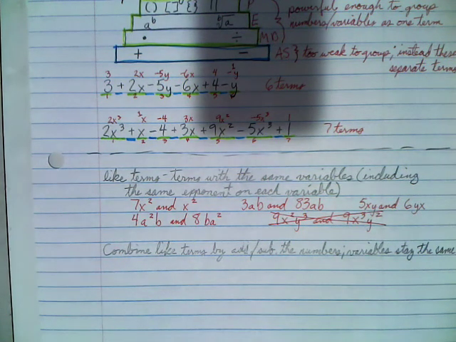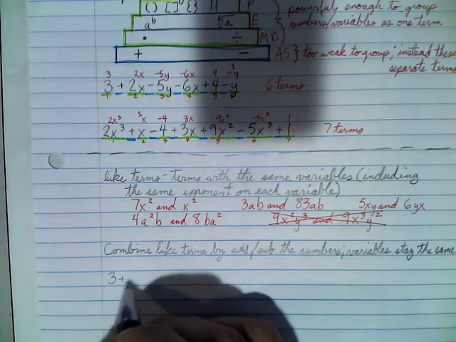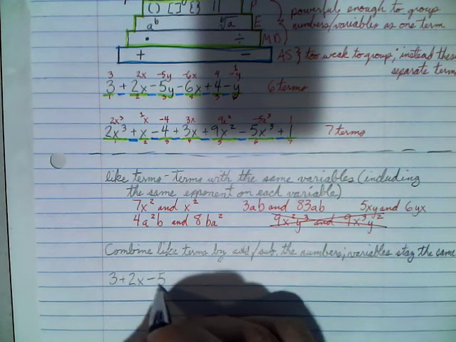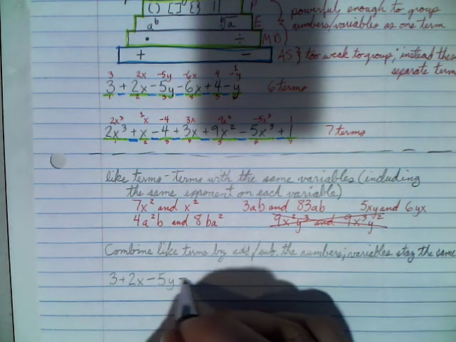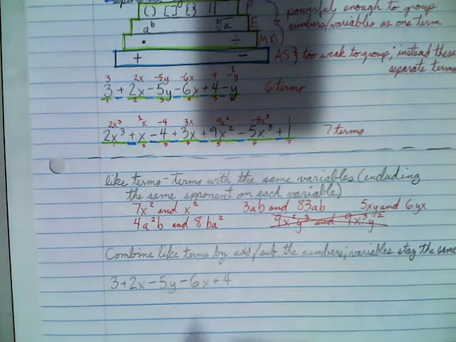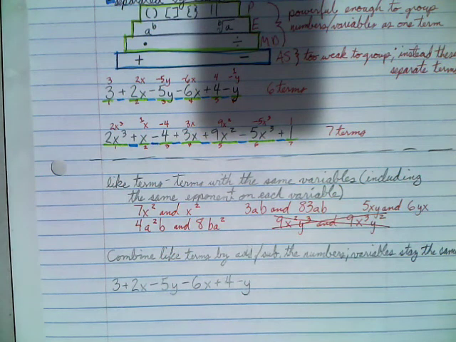So, for example, if I had 3 plus 2x minus 5y minus 6x plus 4 minus y, like we did from up top, let's take a look at this and at what terms we have here.